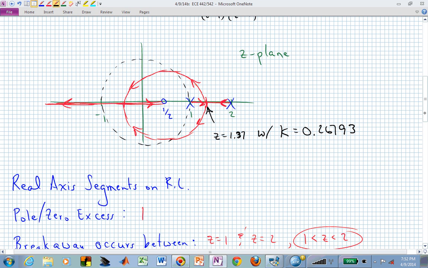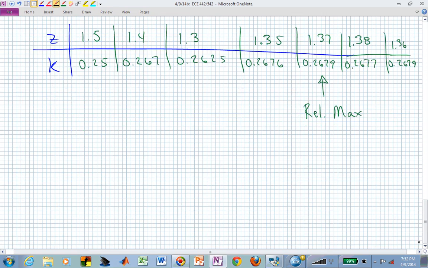We now can use that breakaway location of z equal 1.37 to establish a radius between that point and the zero, which is acting as the center of our circle. Our zero is at 1/2. So the radius equals 1.37 minus the zero's location of 1/2, which is about 0.87.